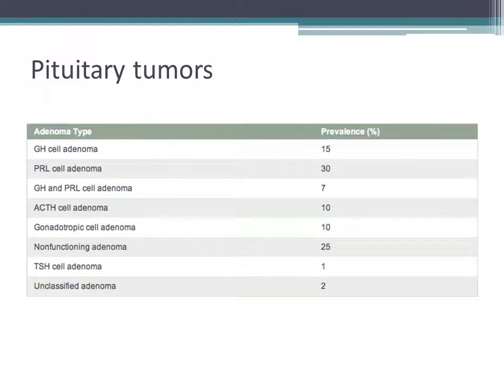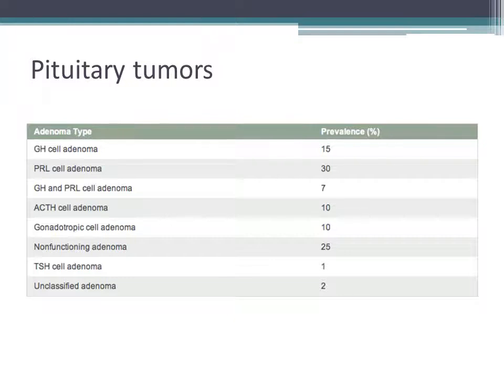Growth hormone adenomas are less common, let's put it that way. Growth hormone and prolactin co-secreting tumors are often seen, and according to this study, they represent 7% of pituitary tumors. ACTH producing tumors are about 10%.